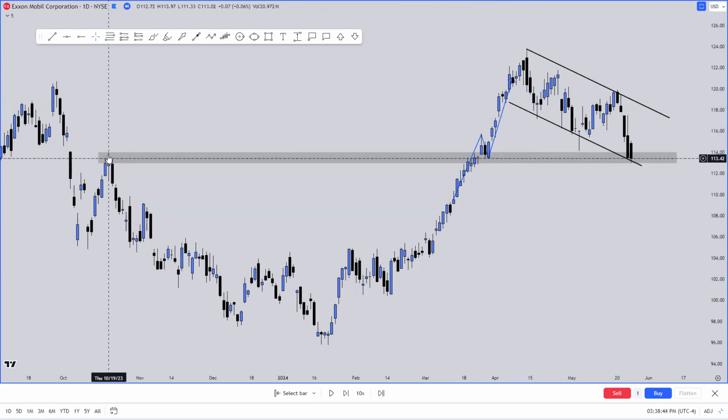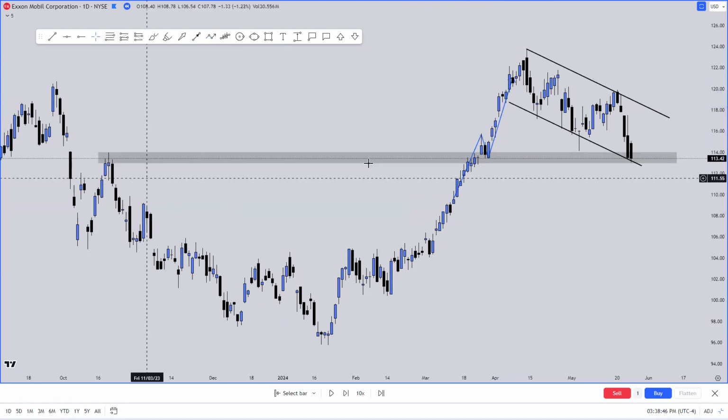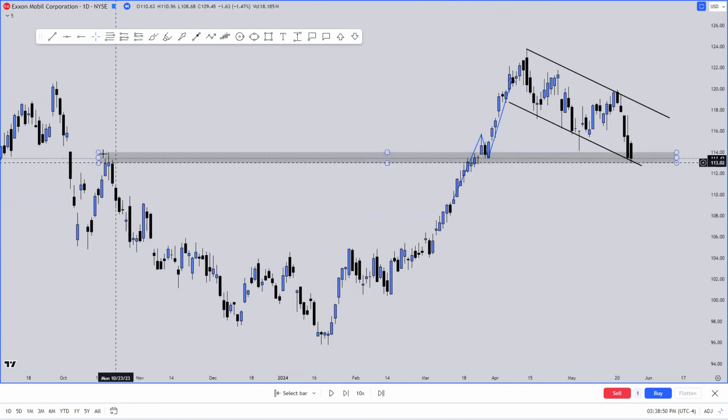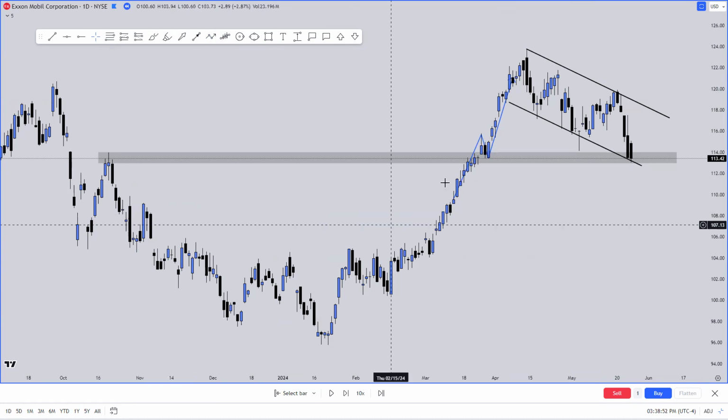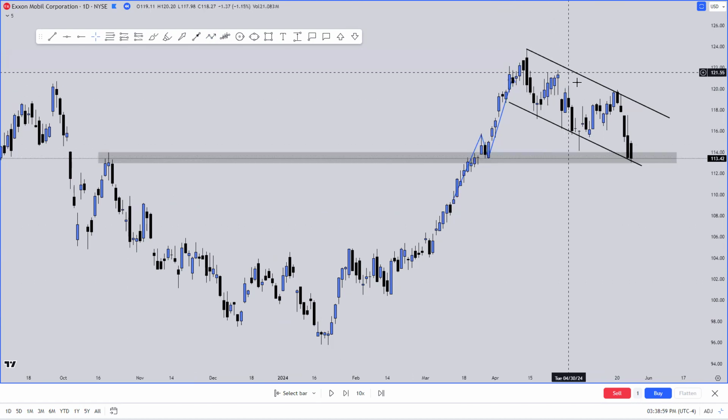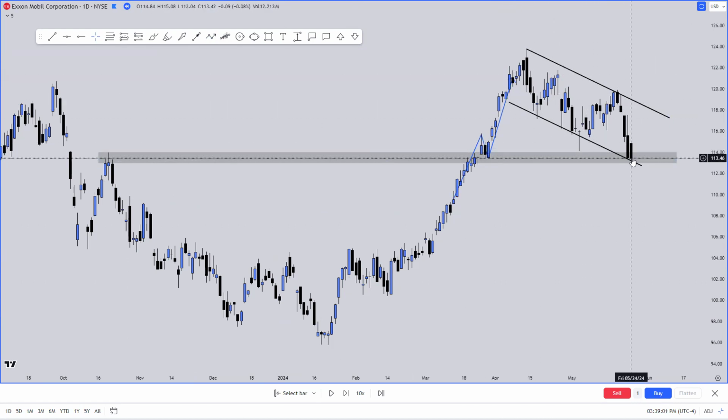So this was resistance, broke above it, and the resistance became support. You can call this supply as well. This was supply, you break above it, came down into it, and it became demand. And now we're flagging our way back into this demand right here.